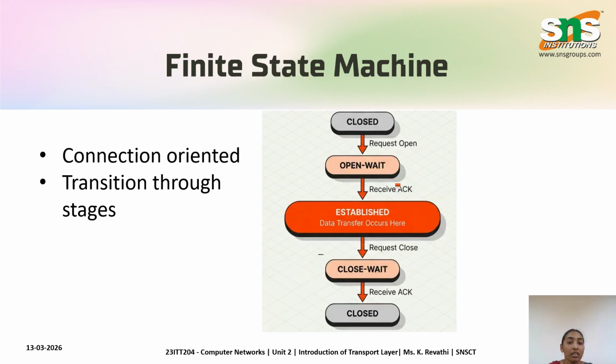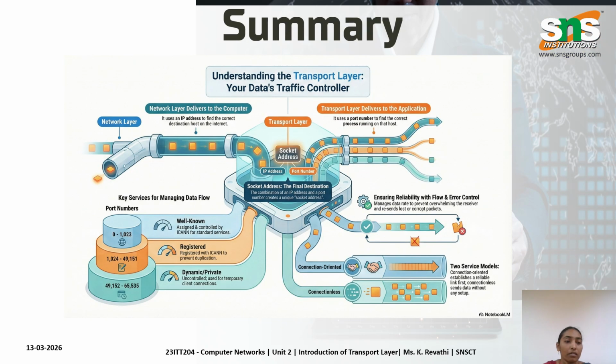Then the next one is the testing phase. Let us test our understanding with a quick question. Identify which service is being used in the following scenarios: video streaming on YouTube, sending an email, and an online multiplayer game. First is video streaming.